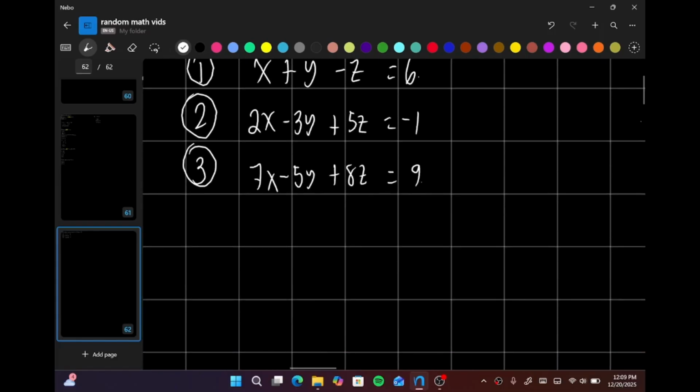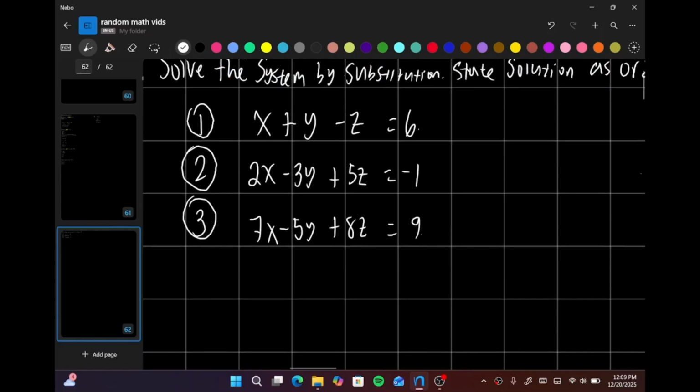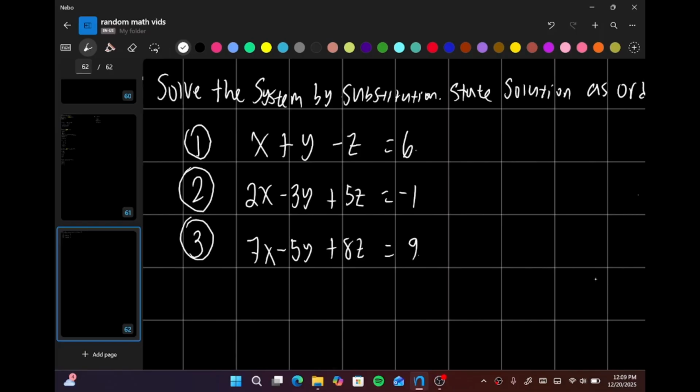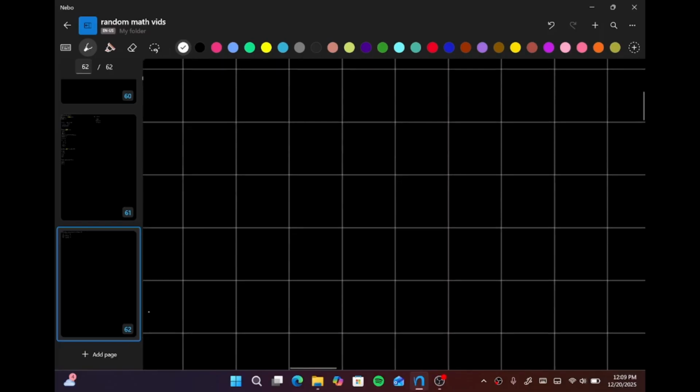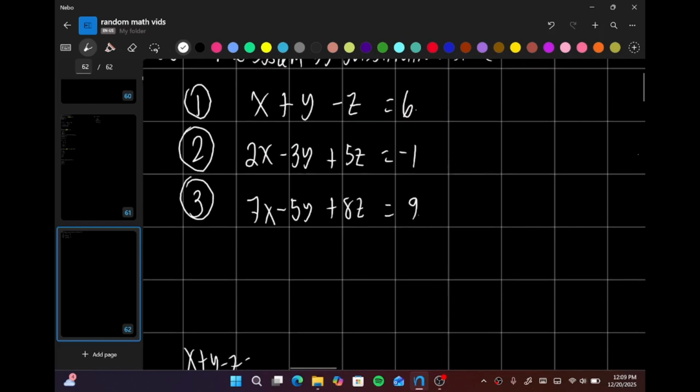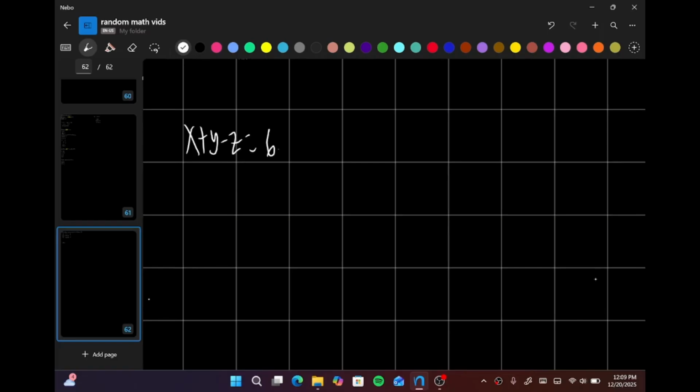So we have x plus y minus z equals 6, 2x minus 3y plus 5z equals negative 1, and 7x minus 5y plus 8z equals 9. We're going to look at equation 1, x plus y minus z is equal to 6, and isolate x algebraically.